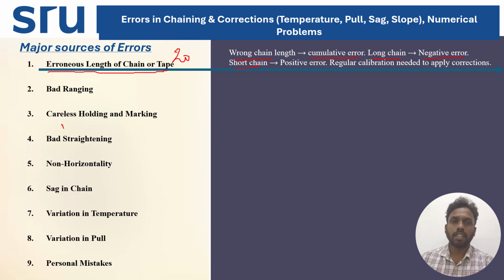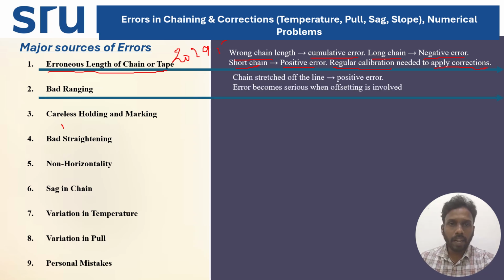Actually our chain should be 20 meters, but if it is 21 meters, the error will be a negative error, right? If your chain should be 20 meters and it is 19.5 meters, in that condition it's a short chain and your error will be a positive error. To rectify this, regular calibration is needed to apply the corrections. Those things you have to take care of.